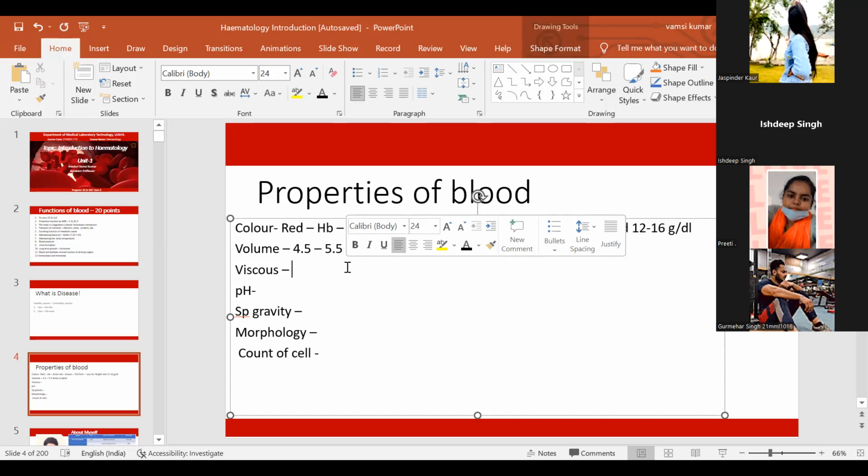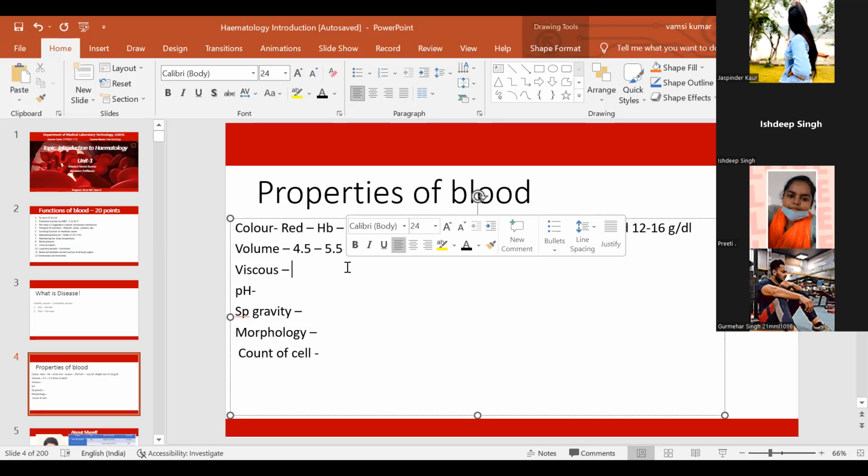Keep in mind, the only fluid that is viscous in our body is synovial fluid. Apart from synovial fluid, no other body fluids are viscous. If we term something as viscous, then definitely we are stating a pathological condition. In medicine, viscous is all about disease, some problem.